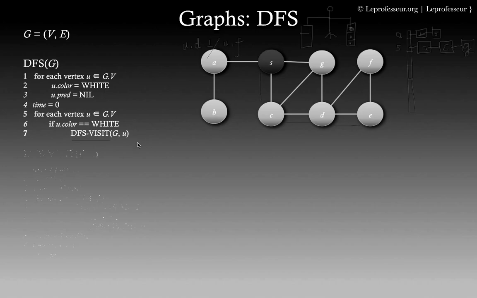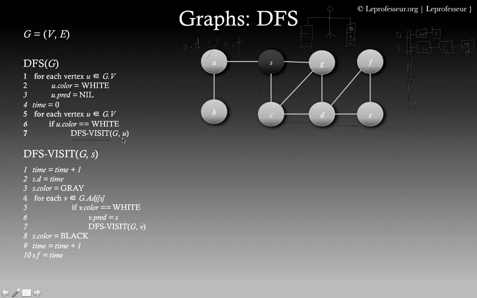So what is DFS visit? Let's say our starting vertex is S, and we call this algorithm on it. Then we increase the timestamp, time plus 1, and that is the discover time, S dot d. We make the color gray, meaning we have partially visited this vertex.